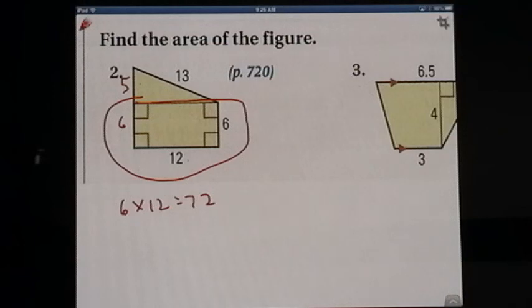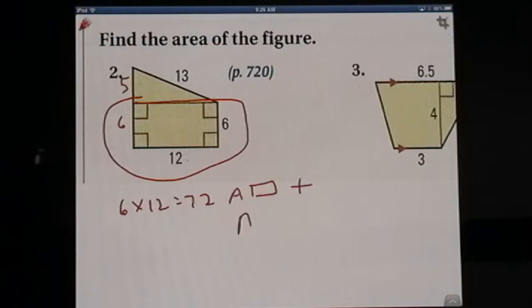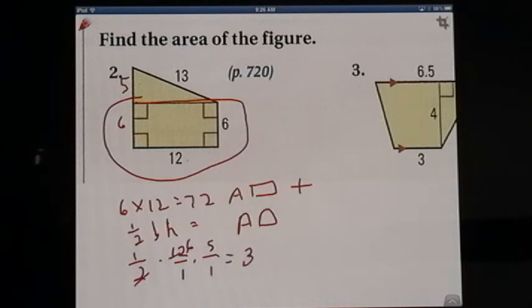Then we can add to that the area of the triangle, which is 1/2 base times height, which in this case is 1/2, the base here is 12, and the height is 5. So that would be 6 times 5, or 30. So when you add 72 and 30, you get 102.